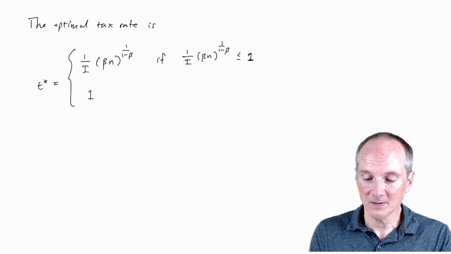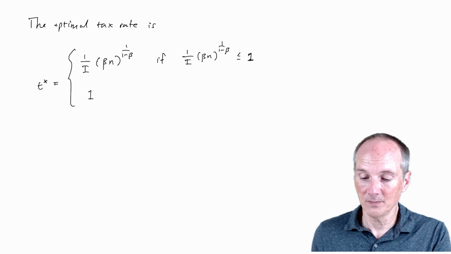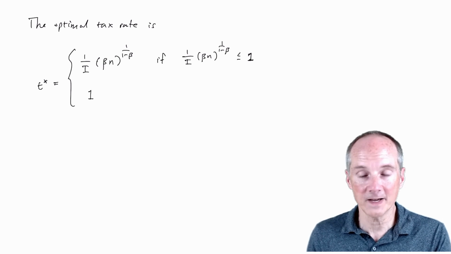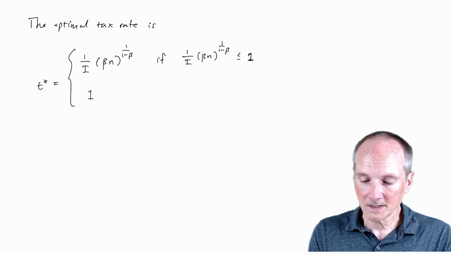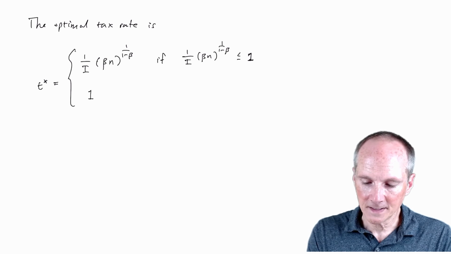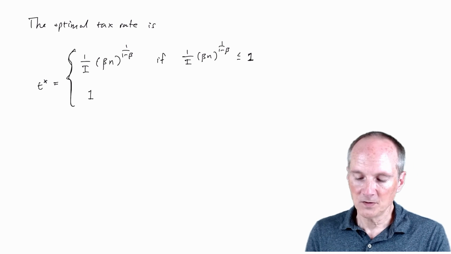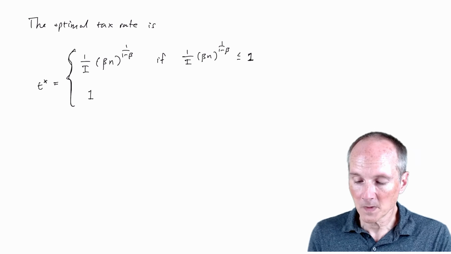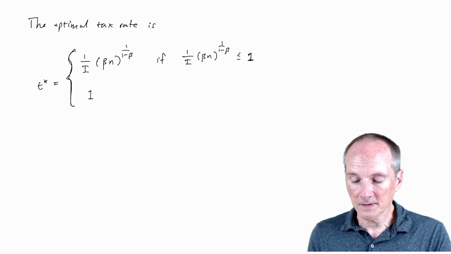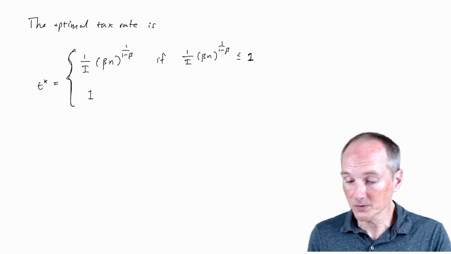For example, here we have the possibility of t being bigger than 1, but we have to rule that out, which gives us a solution that has this kind of two-part structure to it. Anyway, so that's enough on the first order approach.